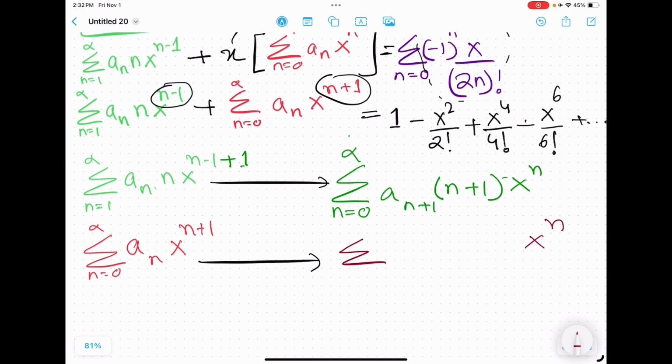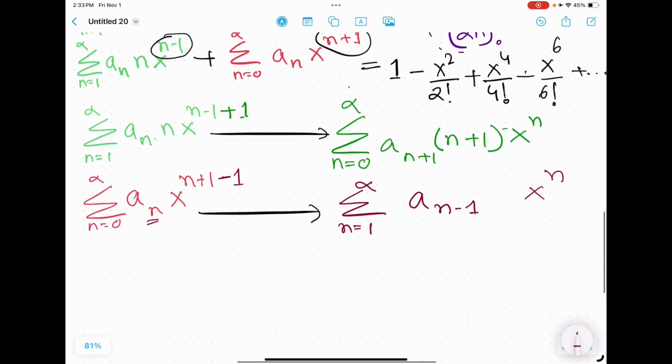So all I have to do is subtract 1 from my power, and I can see that the positive 1 and negative 1 get canceled like the previous one. So I need to subtract 1 from all my n's. That means my a sub n now becomes a sub n minus 1. And since all my n's have decreased by 1, my starting index will now increase by 1. So instead of starting from 0, it's going to start from 1 to infinity. Okay, so this is what it looks like.